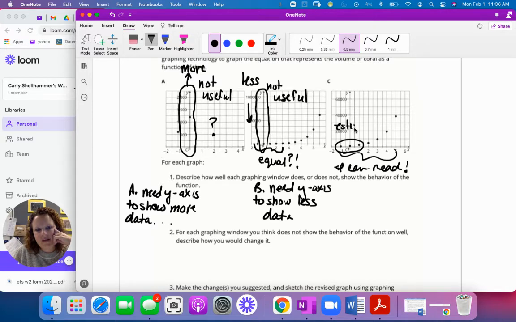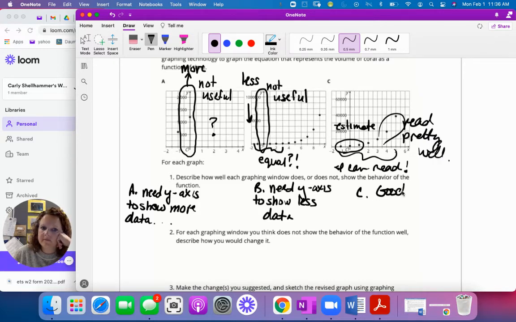I can estimate those smaller ones much better than I can here. And I can read pretty well. Not so bad. So C looks good. My x and y axis show the data pretty well.